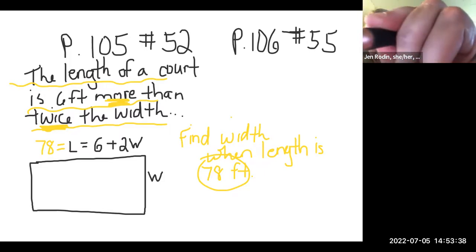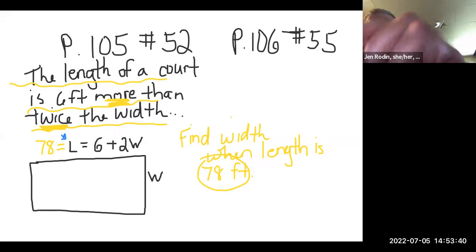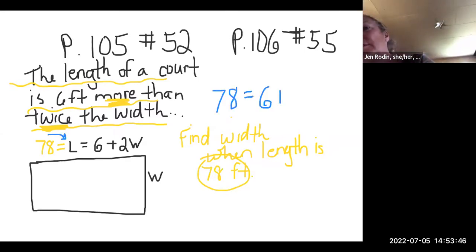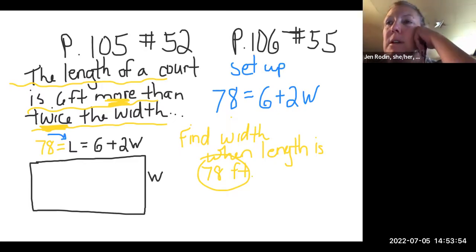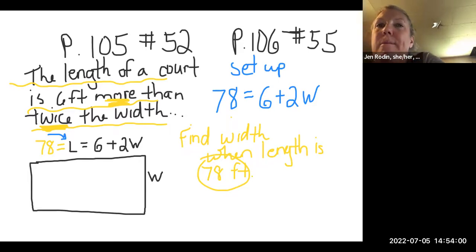So if the length is 78, we should be able to say, okay, 78 equals 6 plus 2w. That's our setup. That's the hardest part, translating it and setting it up. Then in the story problems, the algebra itself isn't usually hard, but it's that language setup, reading.